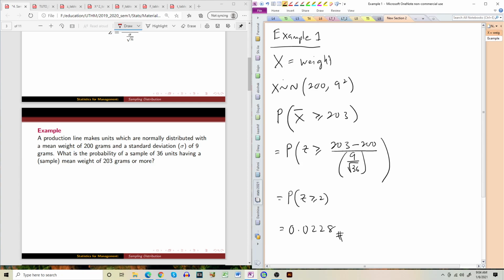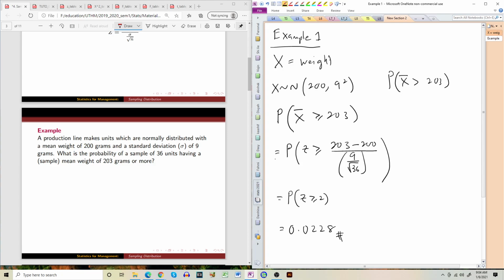We are not writing like this, because this means each and every unit in the population. Now we are not dealing with each and every unit, we are dealing with the mean weight of the 36 sample. Okay, the mean weight.